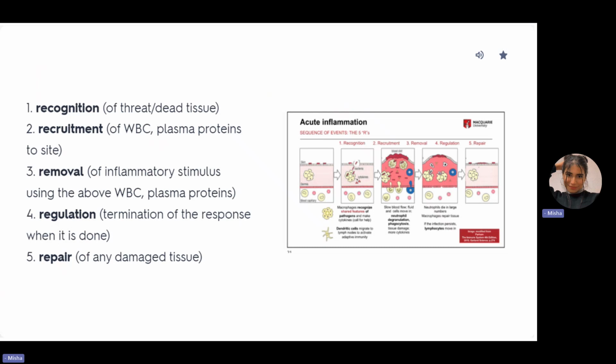So, when we're talking about acute inflammation, these five R's are very important because this is what is happening. So, first of all, there's recognition. Recognition is basically where we talk about TLRs on WBCs. Toll-like receptors, which are present on the WBCs, will actually interact with the PAMPs or the DAMPs, which are pathogen associated molecular patterns.